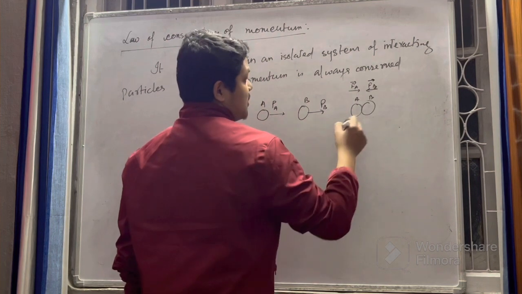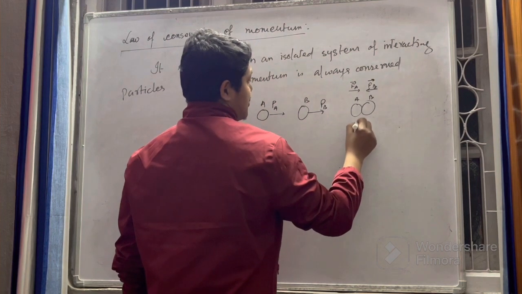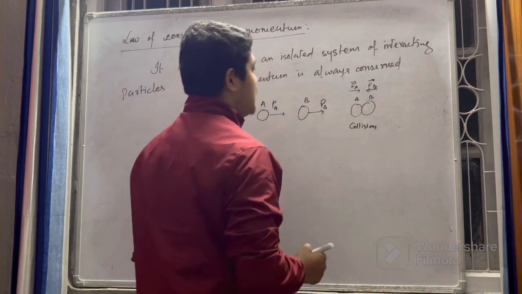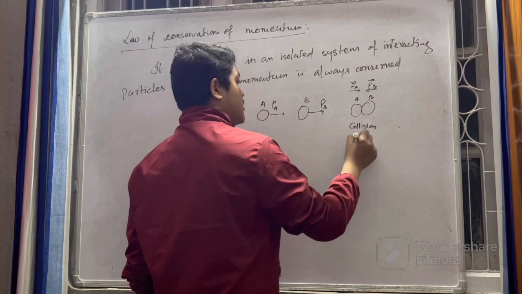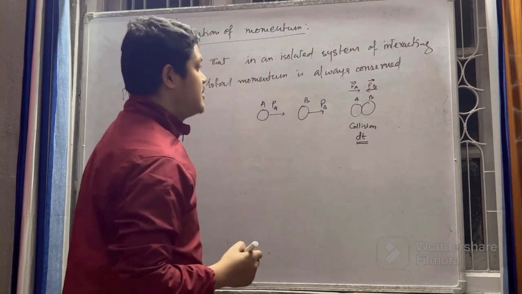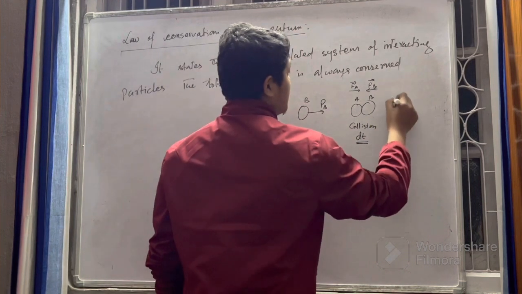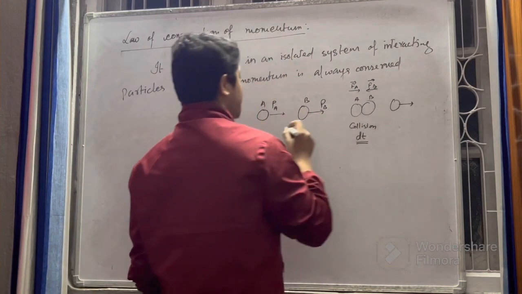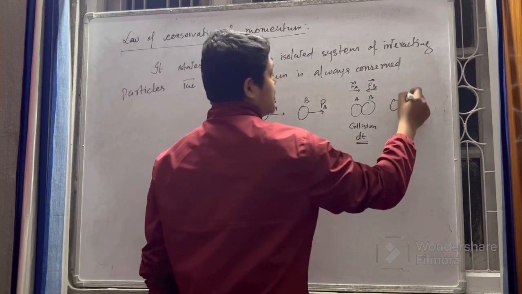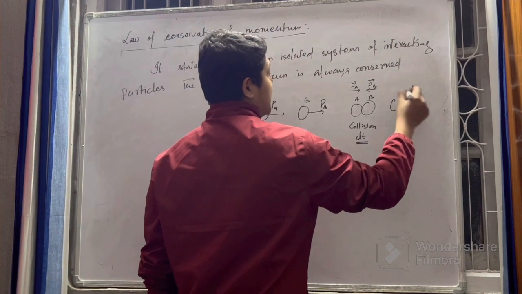Okay. So here is the collision, and suppose this collision lasts for time delta t, right? And after collision they moved. Now you see the momentum of object A, Pa, changes to Pa dash.